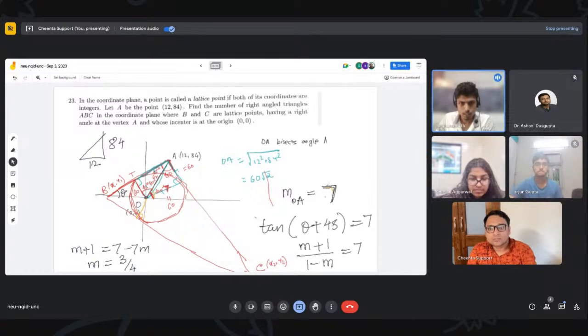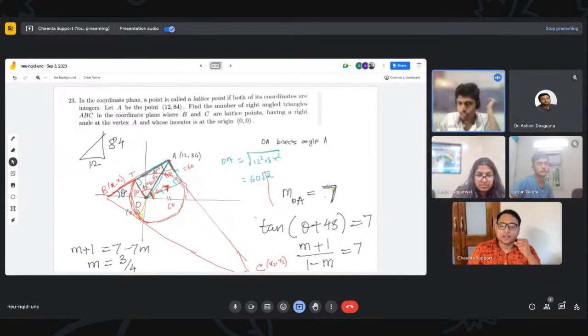I just took it as theta, and this is 45 degrees. So theta plus 45 is tan inverse 7. So I got this, then m is 3 by 4.